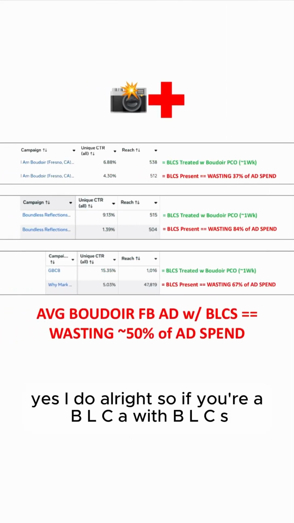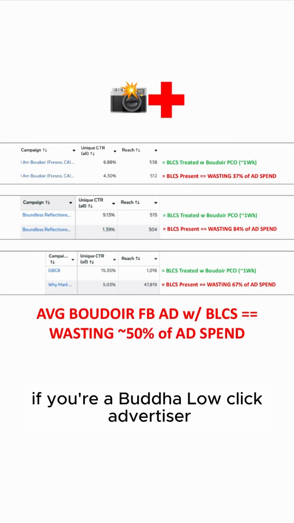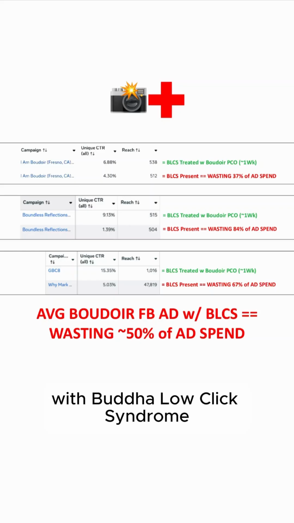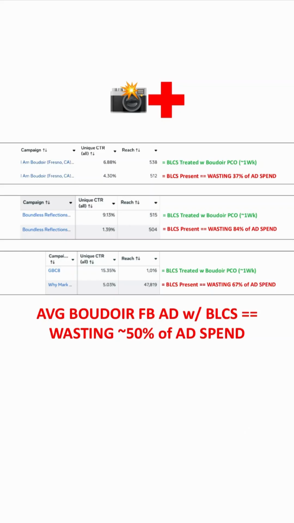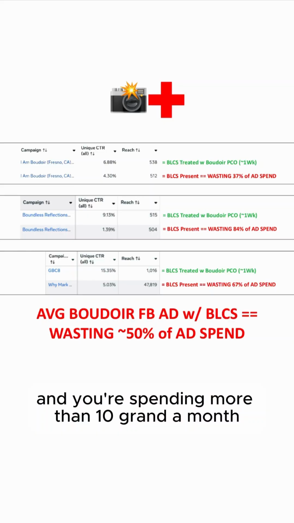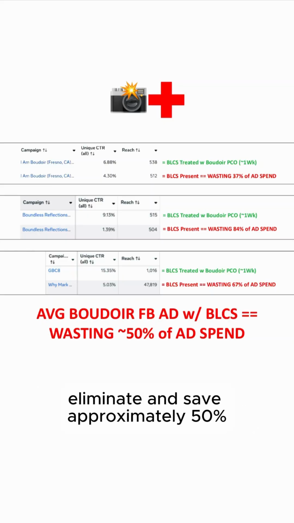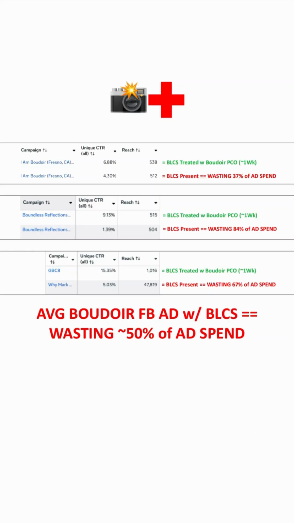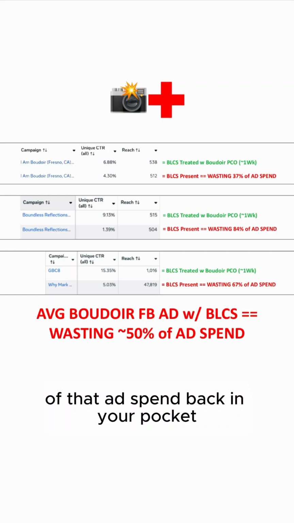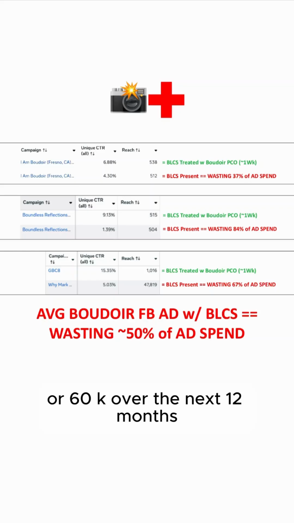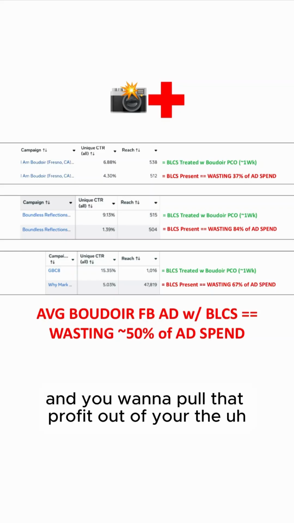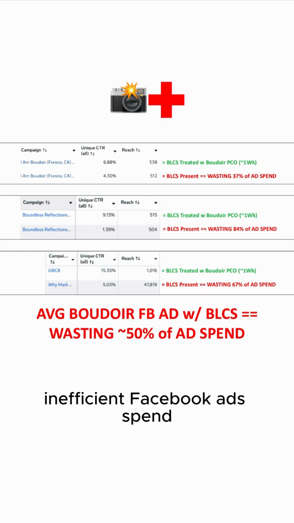All right, so if you're a BLCA with BLCS, if you're a boudoir low click advertiser with boudoir low click syndrome, and you're spending more than 10 grand a month in boudoir Facebook ads, and you want to eliminate and save approximately 50% of that ad spend back in your pocket, so approximately 5K a month or 60K over the next 12 months. And you want to pull that profit out of the inefficient Facebook ad spend because you've already pulled it out for some other parts of the business.